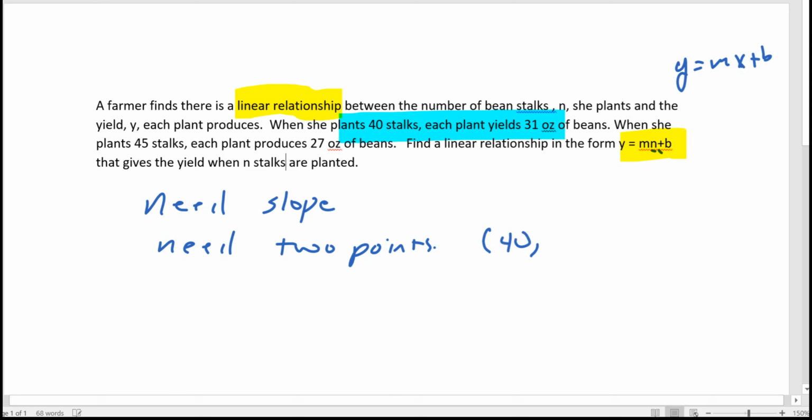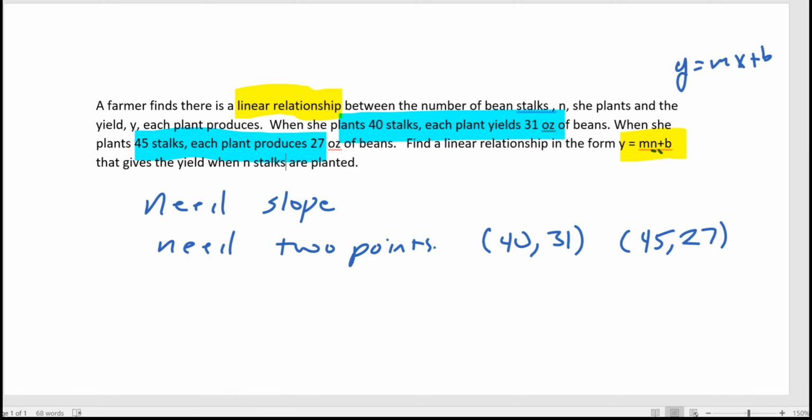So there's 40 stalks, 31 ounces of beans. That's one of my ordered pairs. Then I see also that when there's 45 stalks, there's 27 ounces of beans. So here's another one.